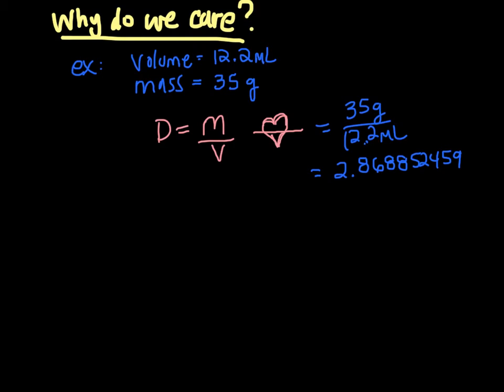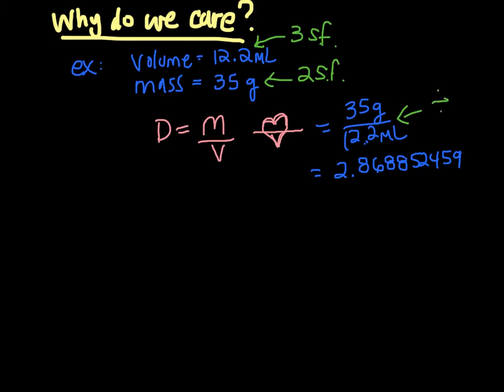Well, my answer can't be any more precise than my least precise measurement. So let's go back and look at our measurements up here. We've got this measurement, which has 3 sig figs, and this measurement, which only has 2 sig figs. And we divided one by the other, so that's division.